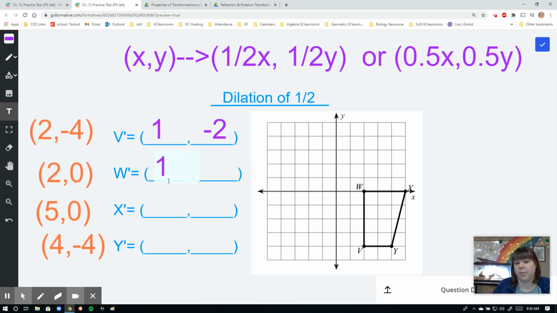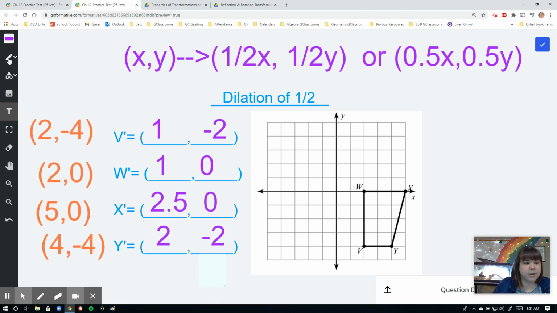And 0 divided by 2, well, it's already 0, so it's just going to be 0. 5 divided by 2 is going to give us a decimal number or a fraction. So for this one, 5 divided by 2 is going to be 2.5. And then 0 divided by 2, again, it's still going to be 0. And for the last one, 4 divided by 2, or times a half, is going to be 2. And then -4 divided by 2 is going to be -2.